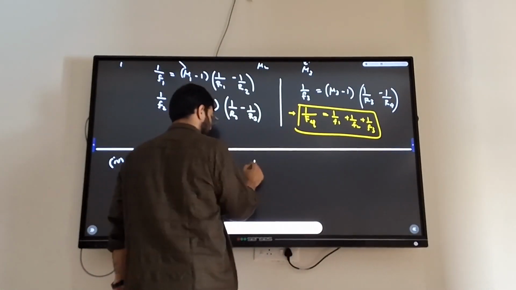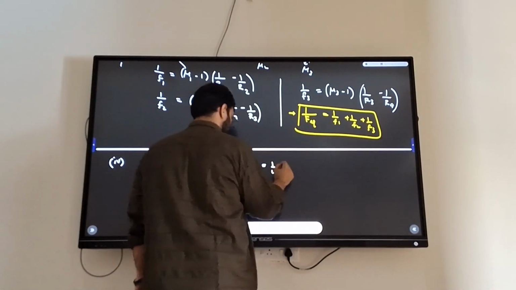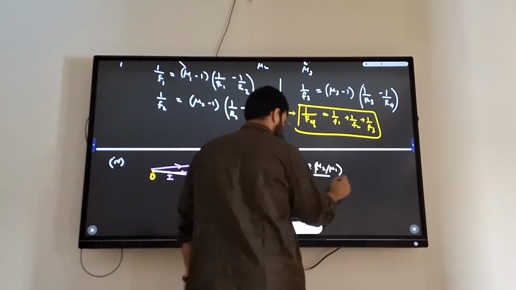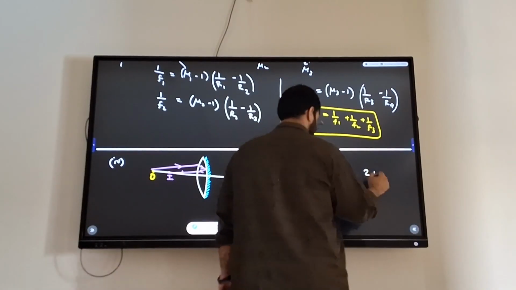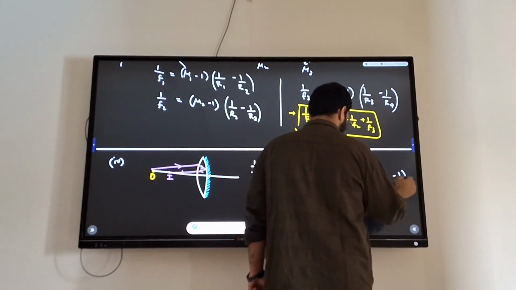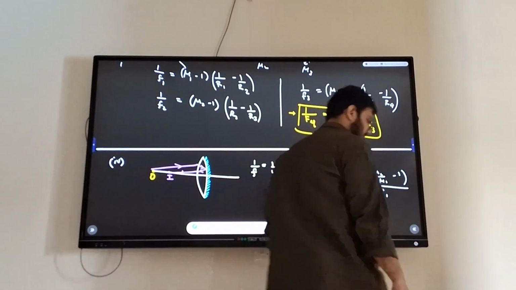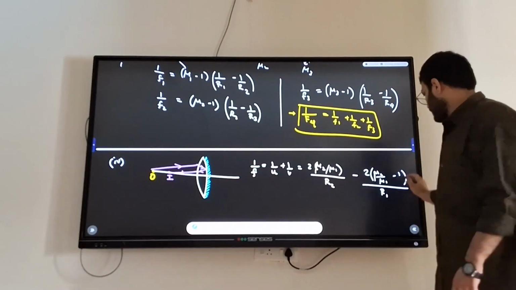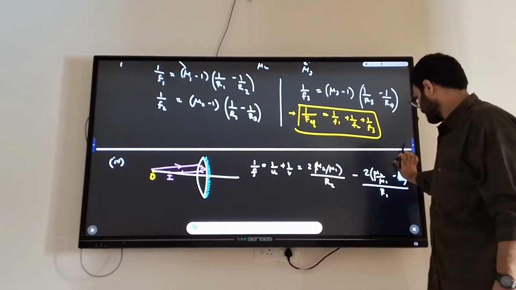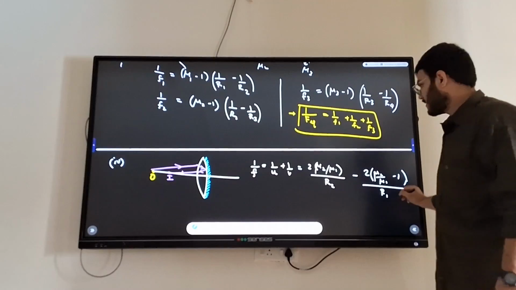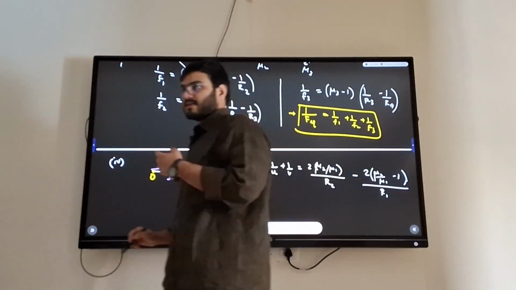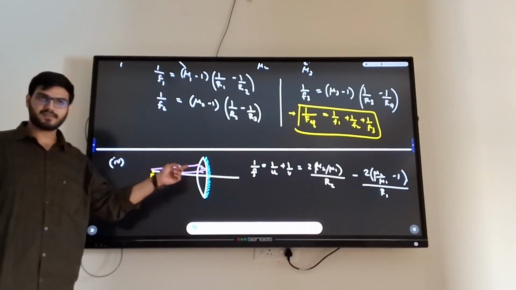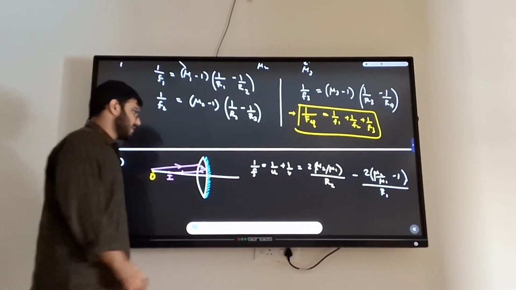So I should write it here: mu2 by mu1 minus 1, 1 by r1 minus 2 by r2. This is the formula. And what is mu2? What is mu1? You understand that, right? Mu2 is the lens refractive index. Mu1 is the surrounding refractive index.